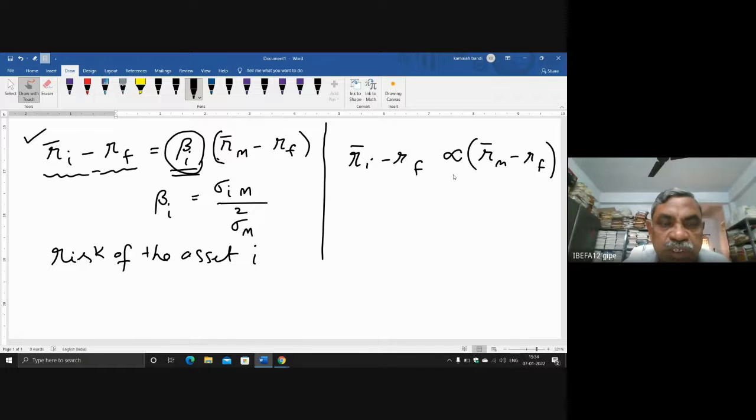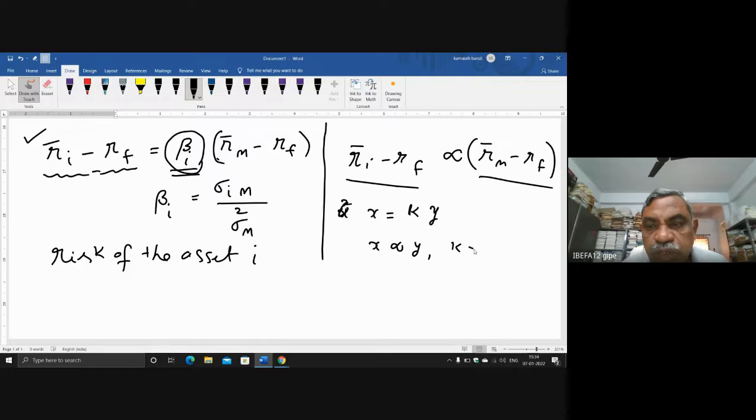So one way of interpreting is that for a given risk, that is beta I given, you can write these two as directly proportional. This interpretation directly follows from this. Like, if x equals k times y, then you can as well write x is directly proportional to y for k positive. This is very simple.